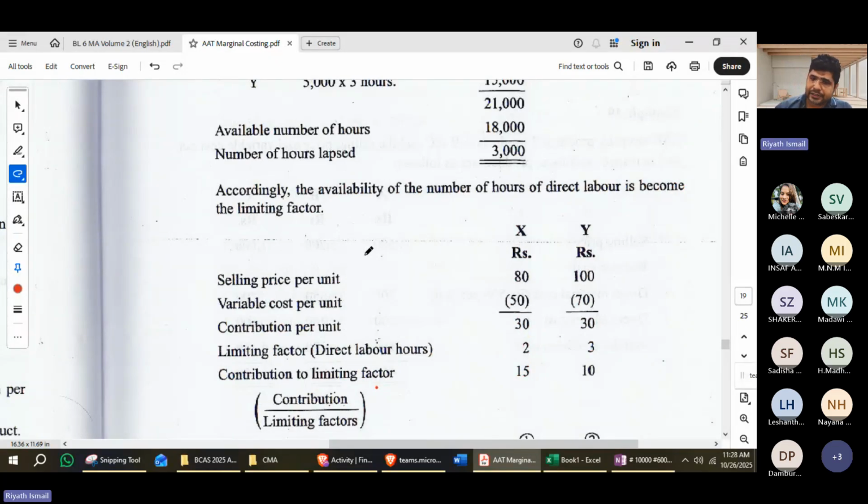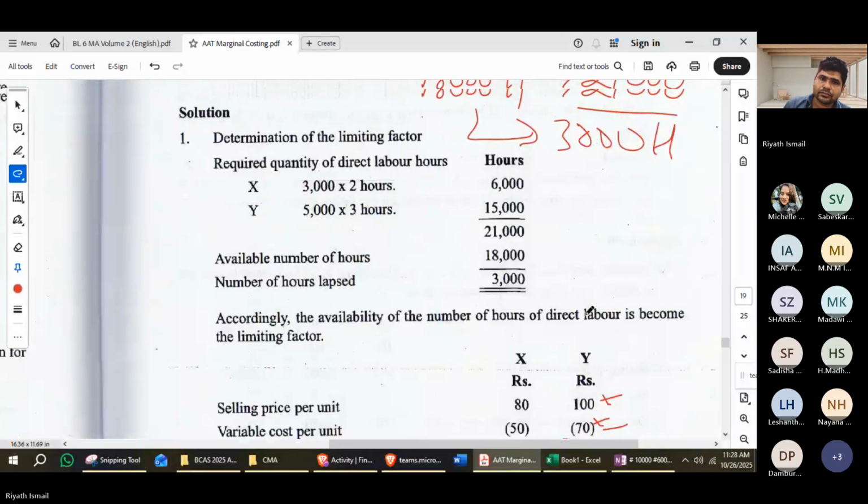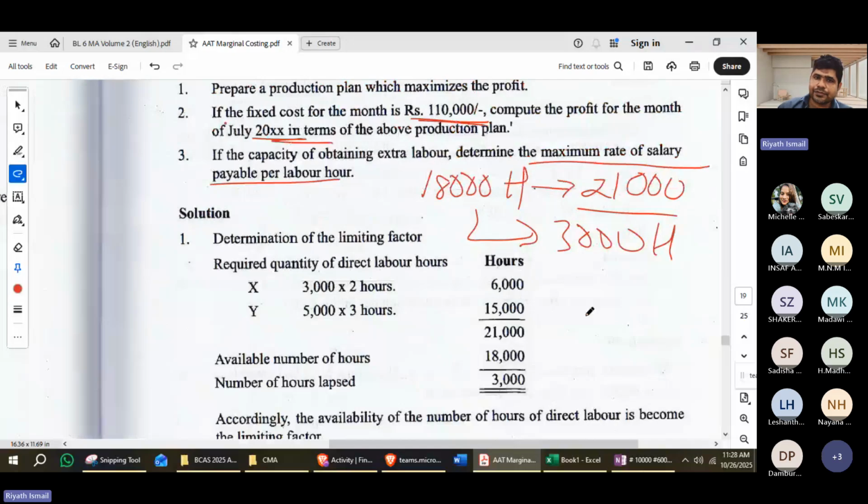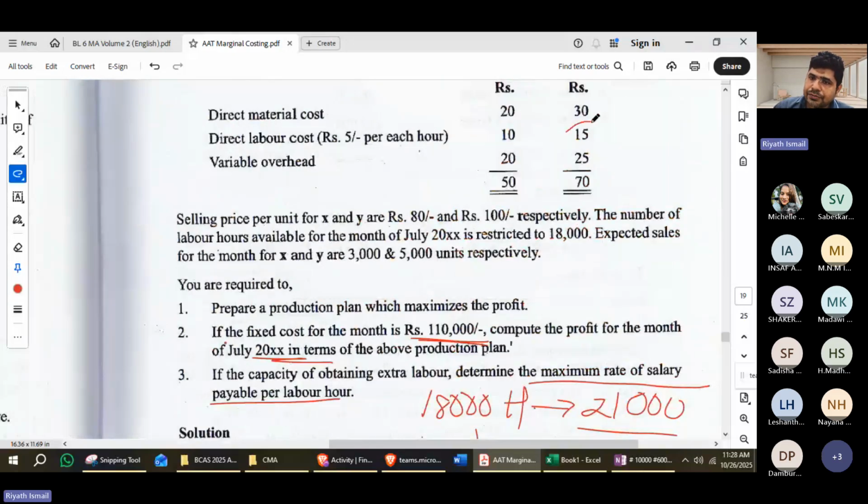When we look at the current contribution, the contribution is 30, because the selling price is 100 and the variable cost is 70, out of which the labor cost is 15.